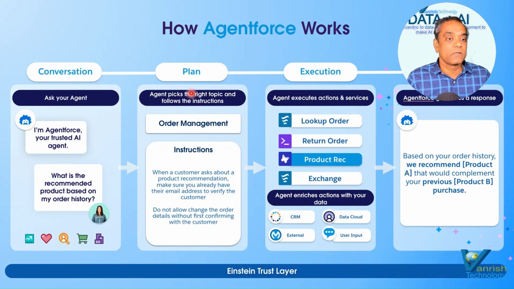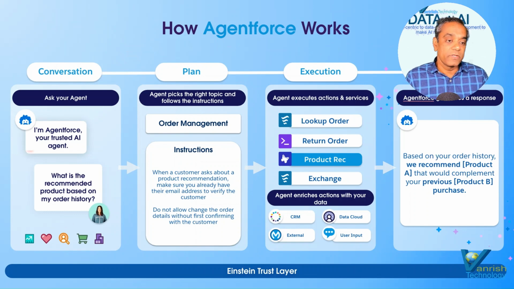As soon as it gets the right topic, it goes to the execution phase, looking at the different topics where I can pull the relevant information for the user: lookup order, return order, exchange, everything. And then these other tools help to get that information. As soon as it gets that information, Agentforce generates the response and sends it to the user. That's how Agentforce works.